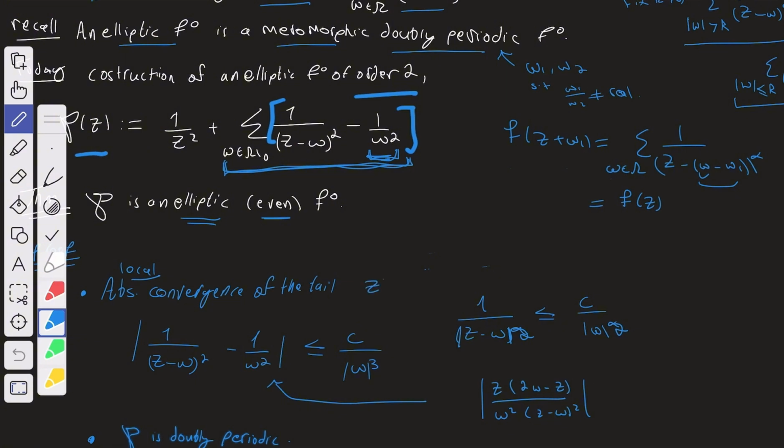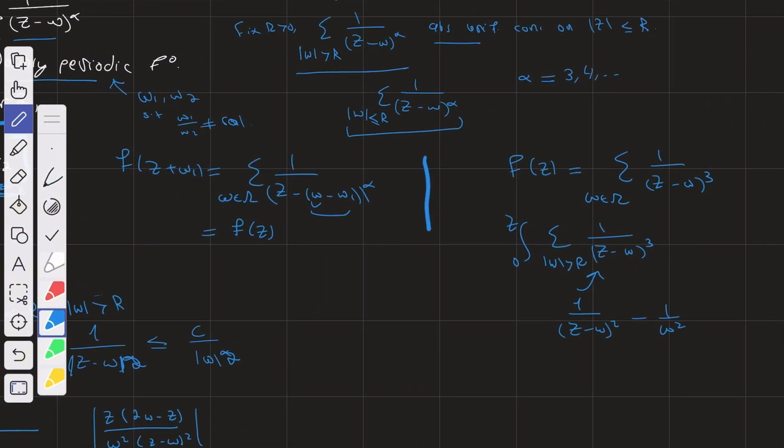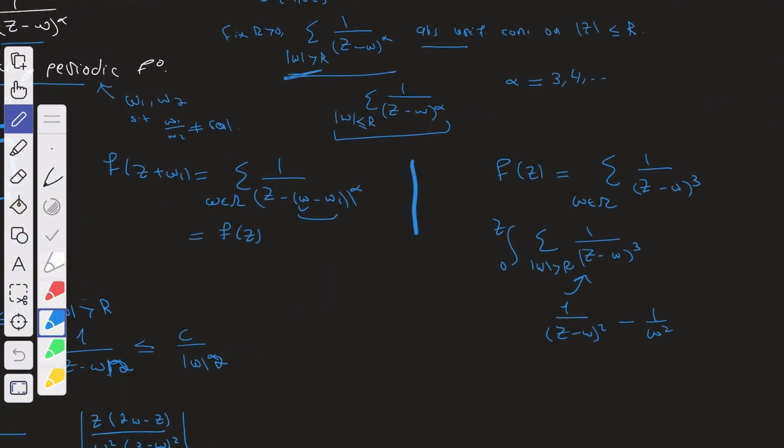So we're going to consider some disk, and then we're going to consider those omegas that have modulus bigger than r. Just as we did for the case of general alpha strictly bigger than 2, we considered the sum for the omegas that are outside the disk. We're going to do the same here for the case of alpha equals 2.